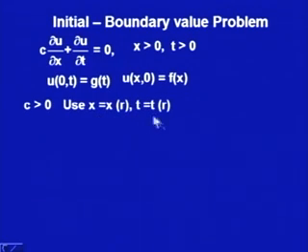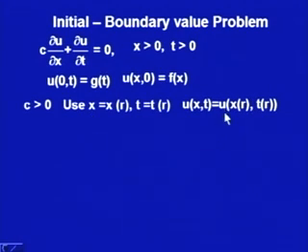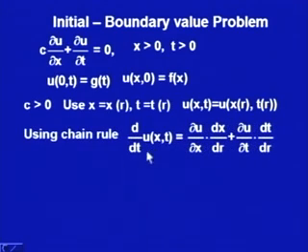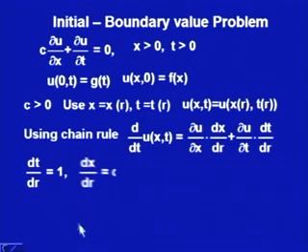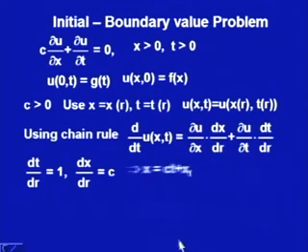Again I will go to the method of characteristics. We will use the characteristic curve in parametric form, x is x of r and t is t of r. So, u of x, t would be u of x(r), t(r). Using the chain rule, again we would get d over dr of u(x,t) is del u over del x dx by dr plus del u over del t dt by dt by dr. Now comparing, dt by dr is 1 and dx by dr is c.